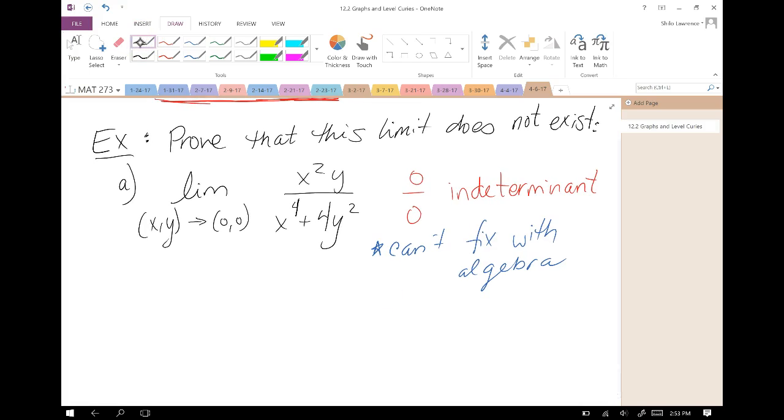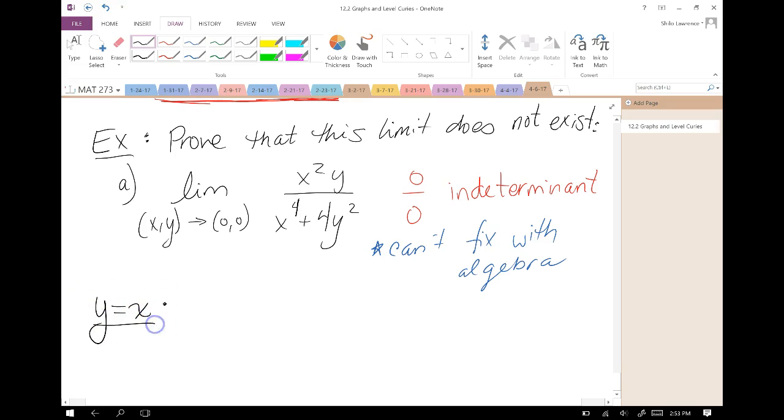So we're going to pick a path in the xy plane that goes through the point 0, 0. And by path, I just mean an equation. Y equals x goes through the point 0, 0.